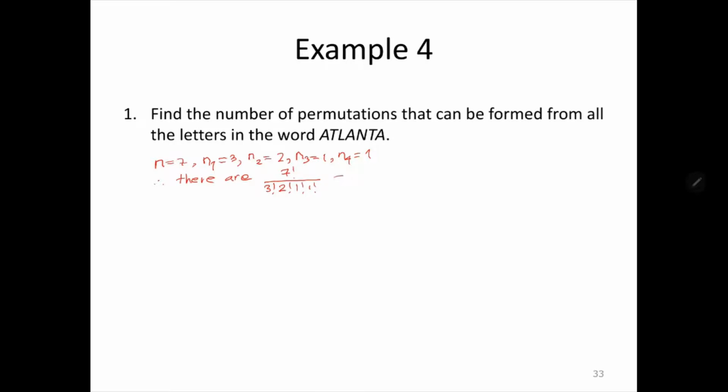And here we have 7 times 6 times 5 times 4 times 3 factorial, so we can cancel that one. And we can divide 4 with 2, since 2 factorial is 2 times 1, so it's 2. So this is 2, this is 1, and all of this is just 1. So we have 420 permutations.